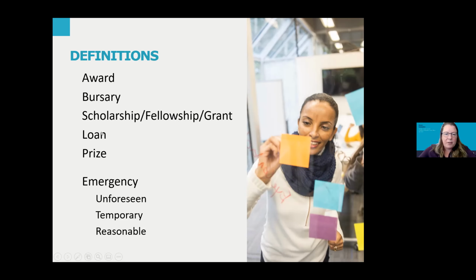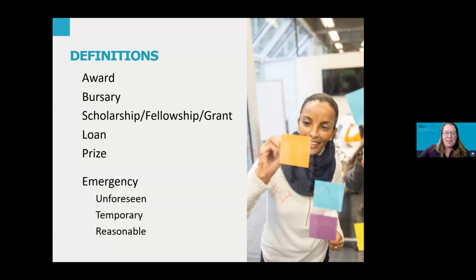A loan is a repayable financial assistance for your education. A prize is something recognizing something. It could be a photo prize of a best picture, or it could be top GPA. So it's something you can hold on to generally, or a very small monetary value, something around $200 or $50, or something as meaningful as a plaque or a medal.